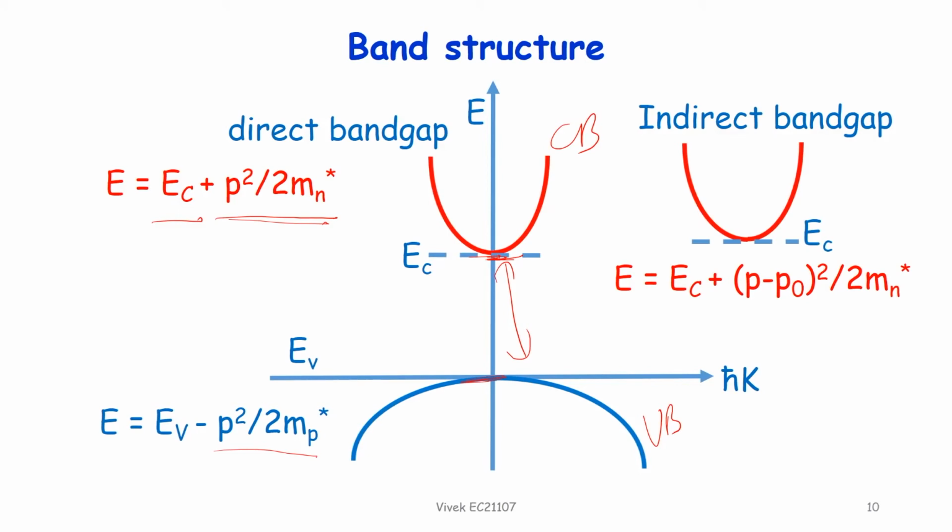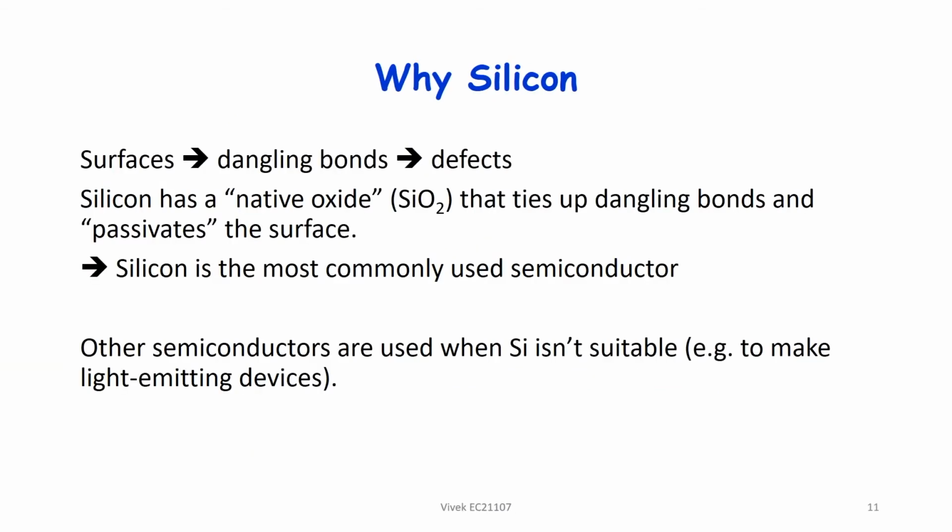Now there are several semiconductor materials here, such as silicon, gallium arsenide, indium phosphide. Now, what is so special about silicon?